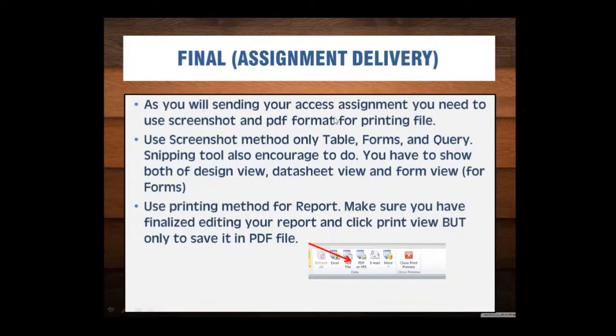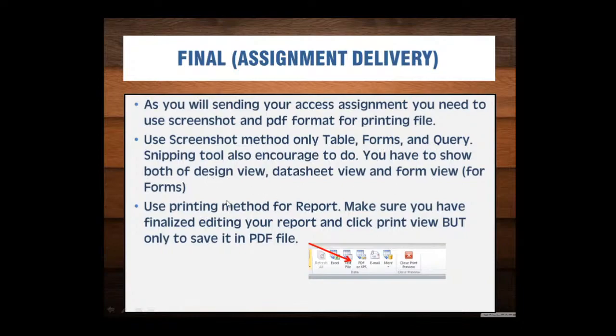As you're sending your Access assignment, you need to use screenshot and PDF format for the printing file, but you're not going to hand me a hard copy. You just have to send me the file. Use the screenshot or snipping tool to crop tables, forms, and queries.